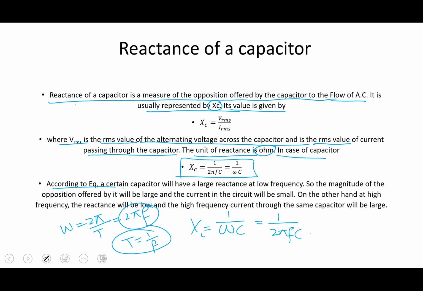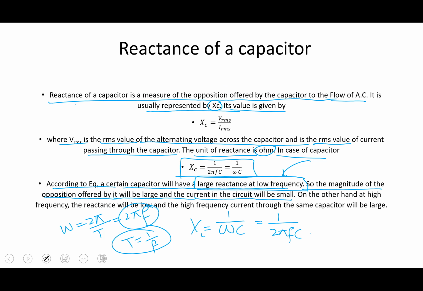According to the equation, a certain capacitor will have large reactance at low frequency. Large reactance at low frequency, we have to keep that in mind. That means if the frequency is low, the opposition will be very large, and the current in the circuit will be very small.